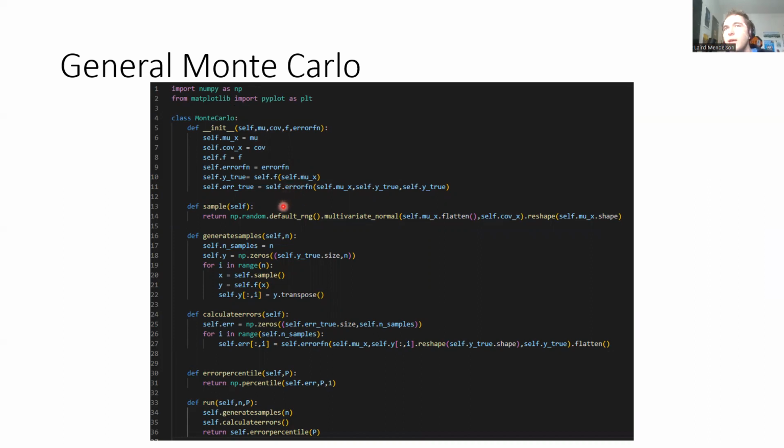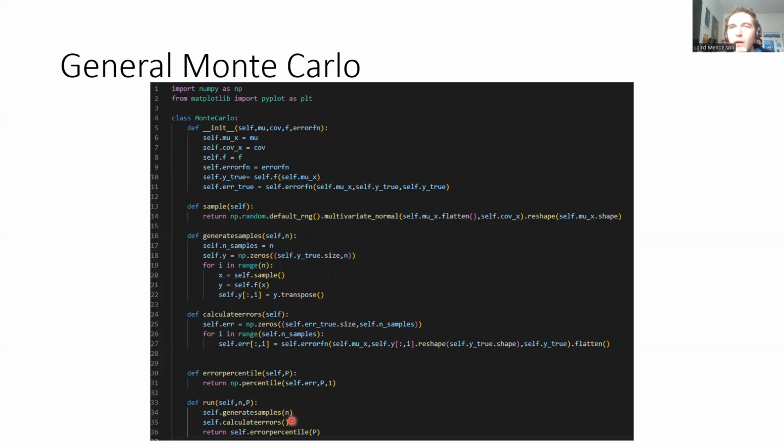In this Monte Carlo class, you also have a sample method that just uses the NumPy multivariate normal distribution. To actually run it, the first thing you do is generate n samples. This method runs the sample method n times, gets n y values, puts them all in an array, and stores that as part of the object.